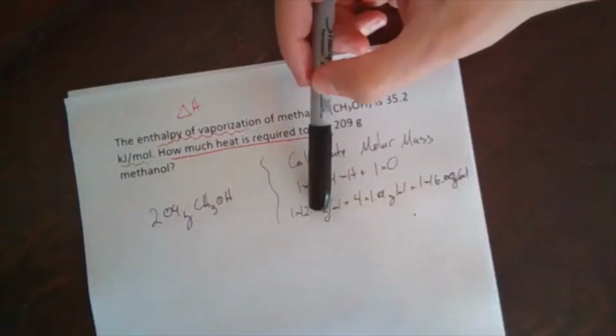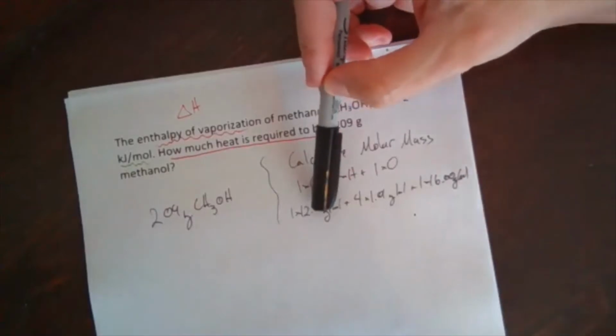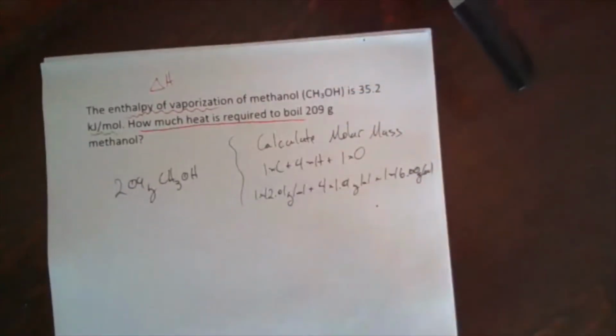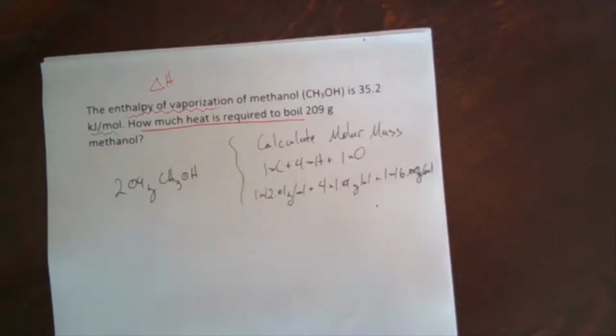For me personally, I just prefer using 2 digits after the decimal point everywhere when I'm calculating molar masses. The reason for that is it keeps it consistent. I know at the end of when I'm done putting everything together, I'm going to have 2 digits after the decimal point for my correct sig figs. If you want to use more, that's fine. You can't use less, in case there are actually some atoms that don't have significant digits after that lead.